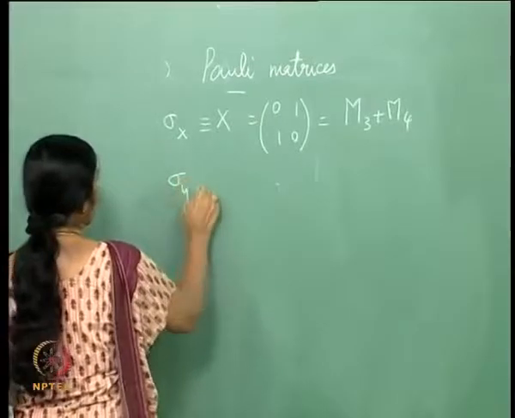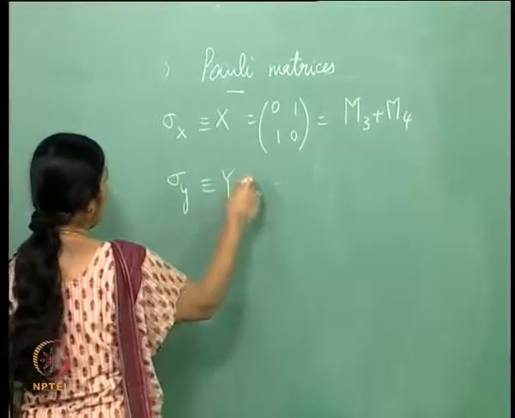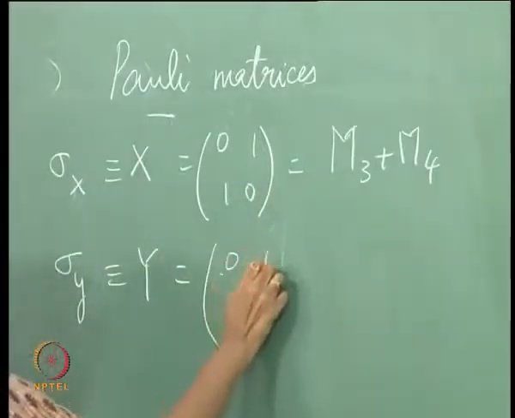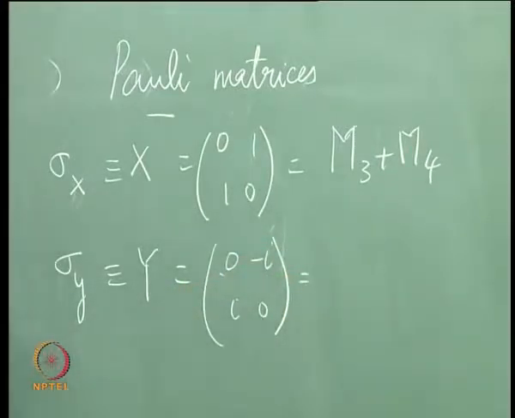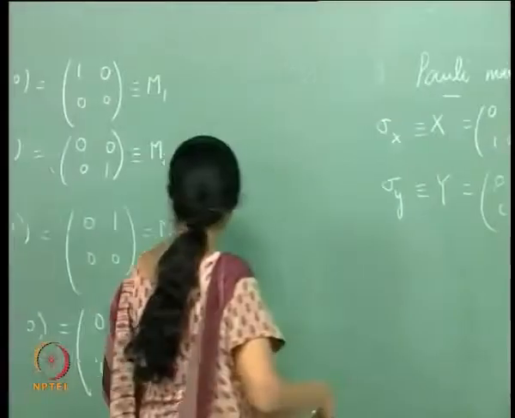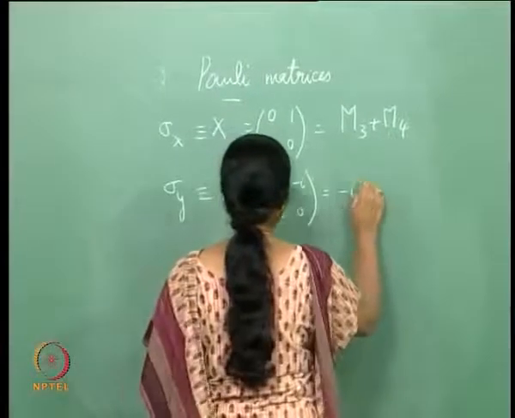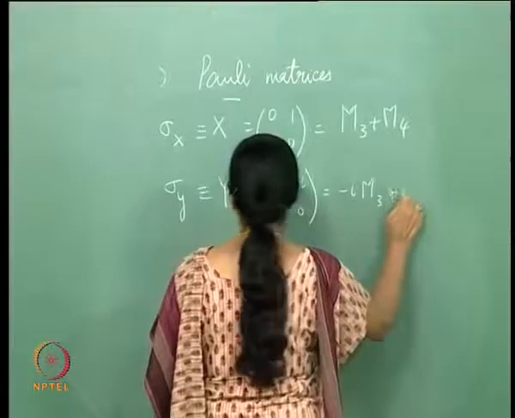Then sigma y, also called Y, that is 0 minus i i 0, where i squared is minus 1. So this is minus i M3 plus i M4.